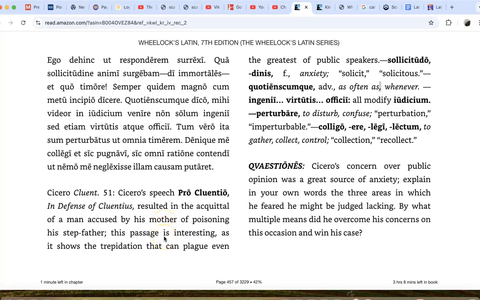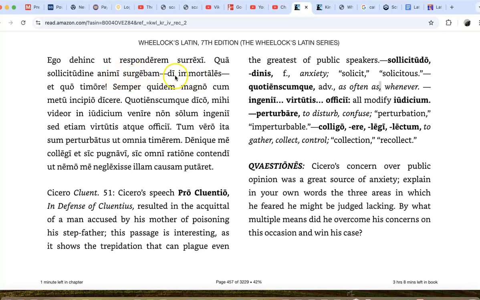This passage is interesting as it shows the trepidation. So that's the context here. He's defending this man, and his life depends on it. And so it's his turn to speak, to defend this man. And as he's getting up, he feels a sense of anxiety, literally of his mind. He's nervous, you might say.